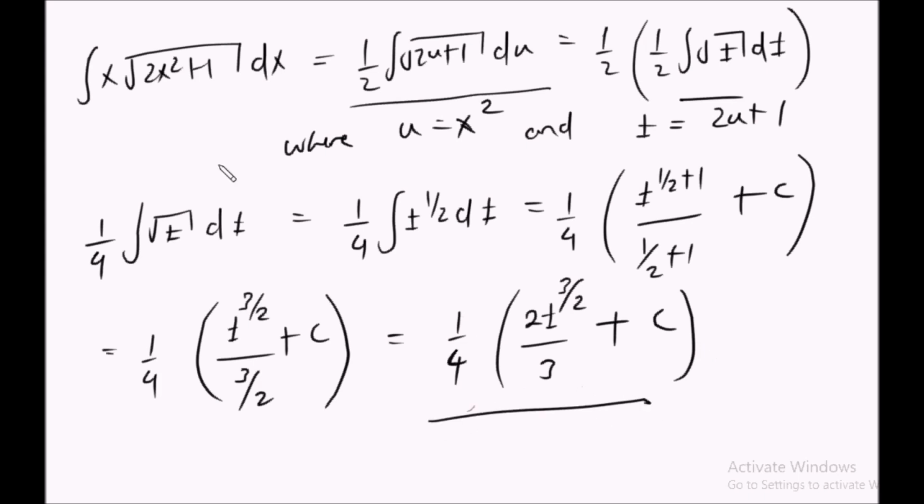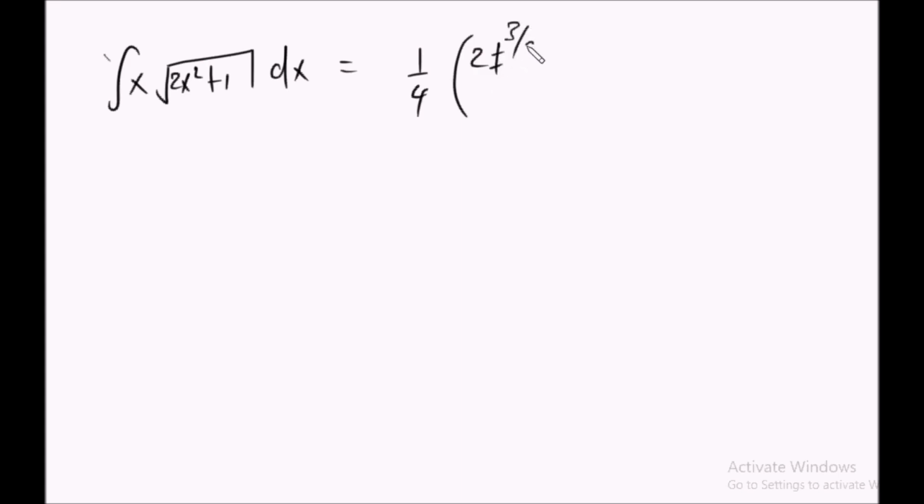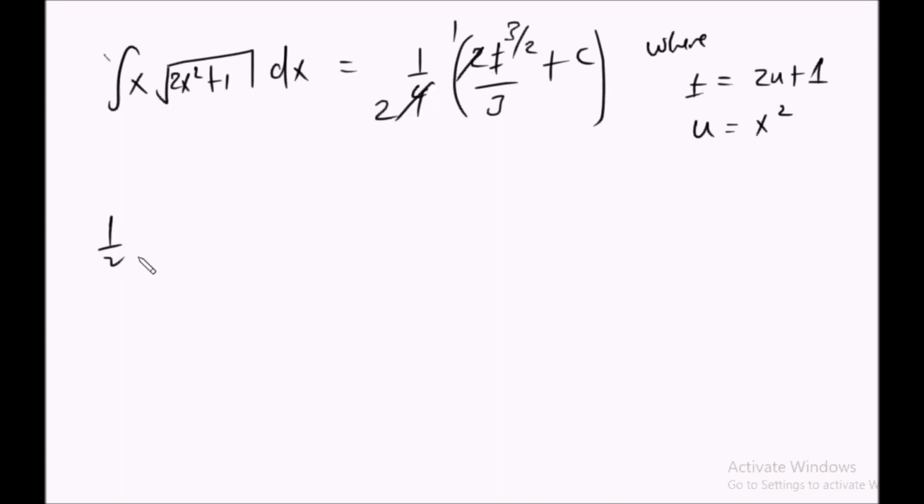So we have reached here. We have obtained that the integral of x(2x squared plus 1) dx is 1 over 4 times 2 t power 3 over 2 over 3 plus c, where t is 2u plus 1 and u is x squared. 4 divided by 2 leaves 1 over 2, and in t we put 2u plus 1 power 3 over 2 over 3, plus c.